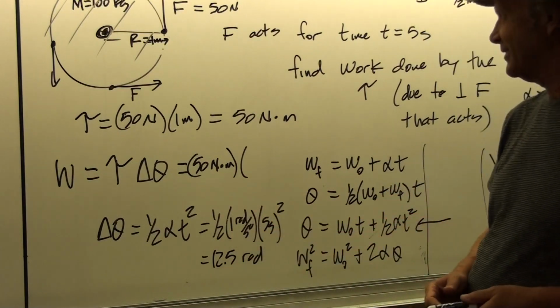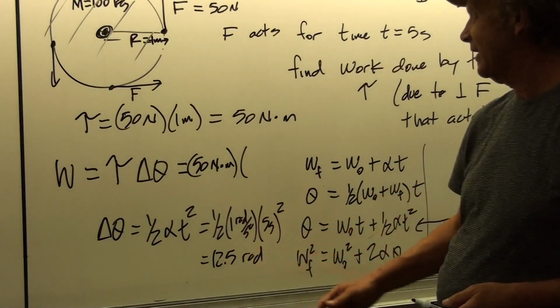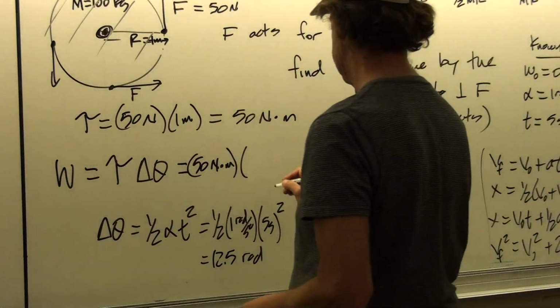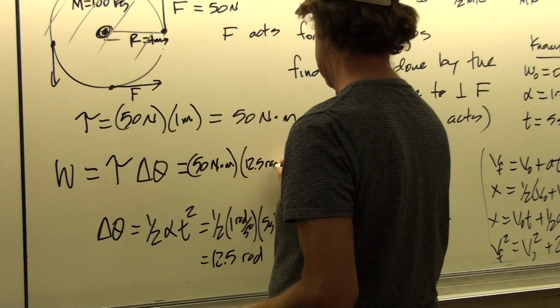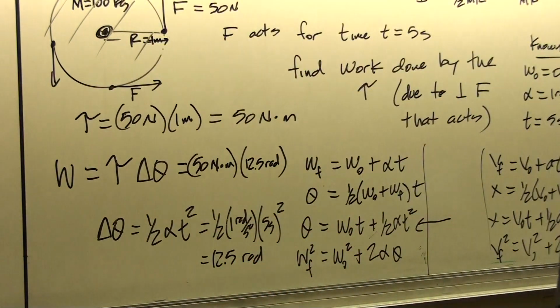It's something like 1 complete revolution, because 2 pi radians is about the same thing as 1 complete revolution. But we want it in radians here. So that would be times 12.5 radians. And then we can knock that number out.